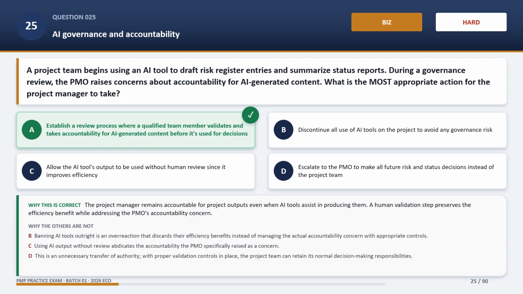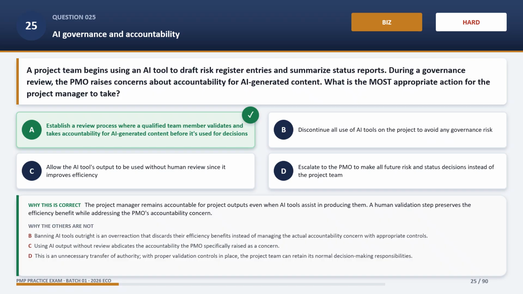Now, why the other options are wrong? Discontinue all use of AI tools on the project to avoid any governance risk is incorrect. Banning AI tools outright is an overreaction that discards their efficiency benefits instead of managing the actual accountability concern with appropriate controls. Allow the AI tool's output to be used without human review, since it improves efficiency, is incorrect.